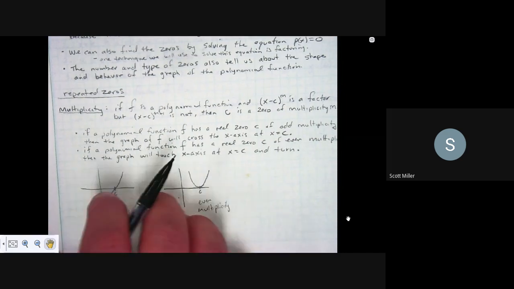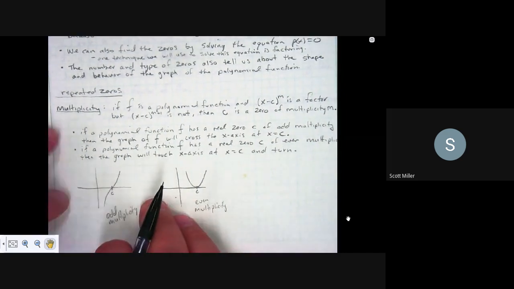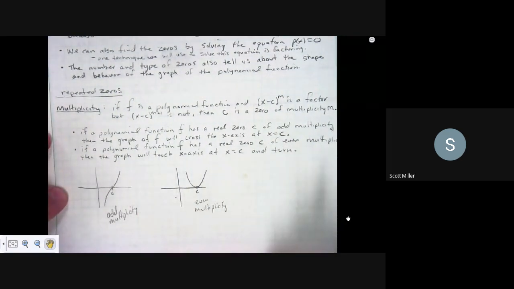So if you see a slight bend right there on the x-axis and going through, that is an idea that it could be an odd multiplicity. And so you want to look at it and see whether or not that's actually occurring. Again, we'll explore this in much more detail as we get moving along. But that's what's happening. Multiplicity, repeated zeros.